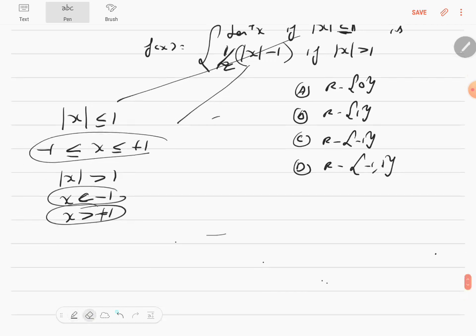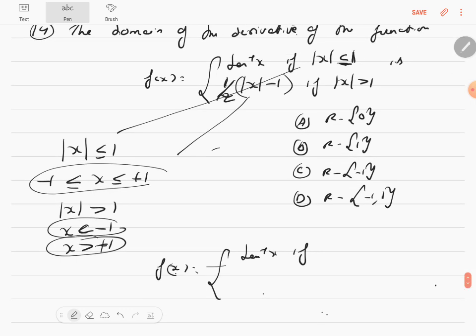So you can redefine the function to be f of x is equal to tan inverse of x if x is lying between minus 1 and plus 1, and there's this condition when x is lesser than minus 1, at which case the mod x will become minus x.